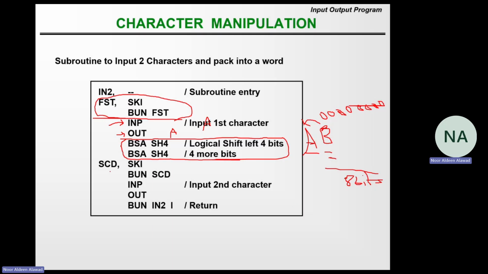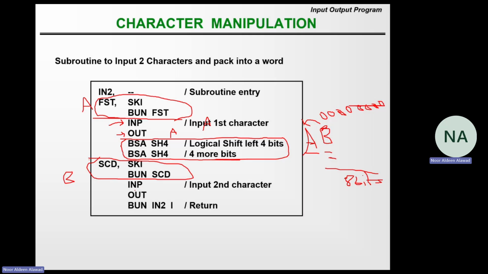After that, you can see this another label SCD, check the input, and this is in order to read B. So here we read A and display it, then shift it to the left 8 bits, and on the right will be 8 zeros. Then we read B when the input device is ready.